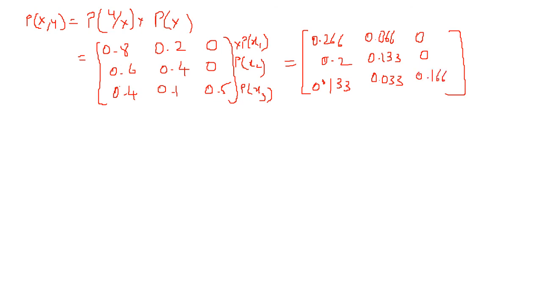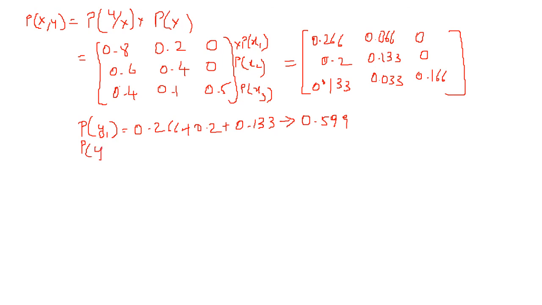By the property of the joint probability matrix, adding the elements column-wise gives the output probabilities. P of y1 is 0.266 plus 0.2 plus 0.133, the addition of the first column, which is 0.599.